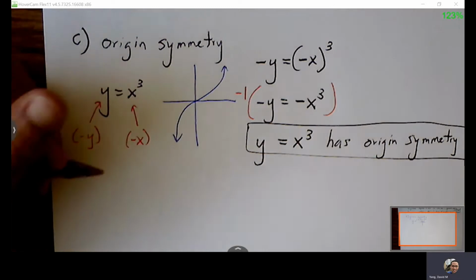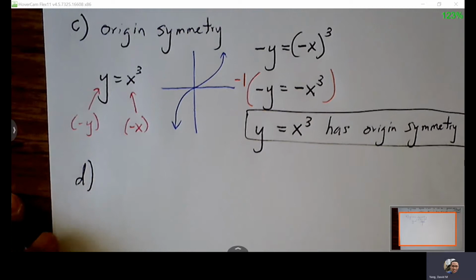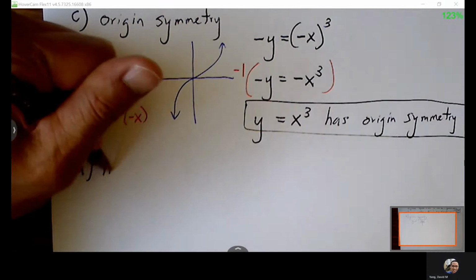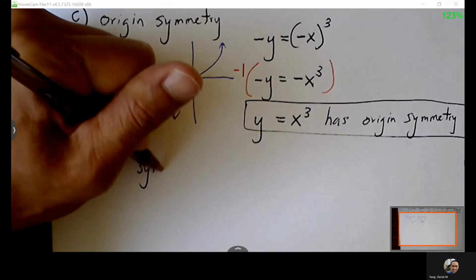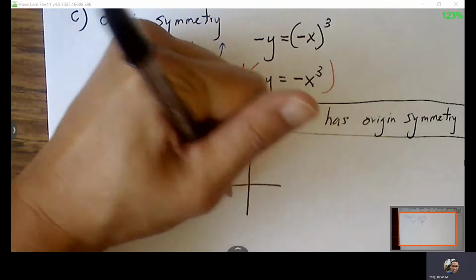Okay, so I want to go through that there are actually two more options here. It's also possible that we get no symmetry, where it doesn't pass any of the symmetry tests, like a polynomial.